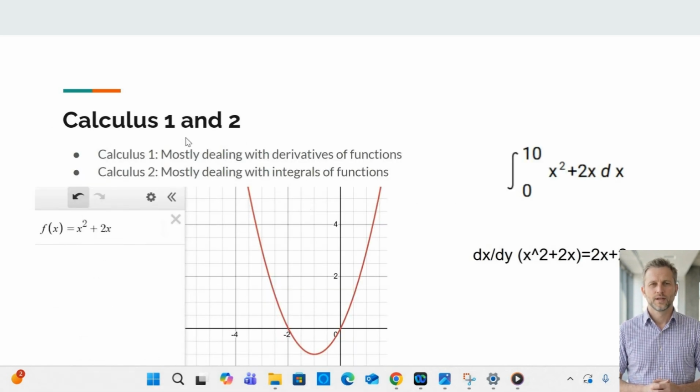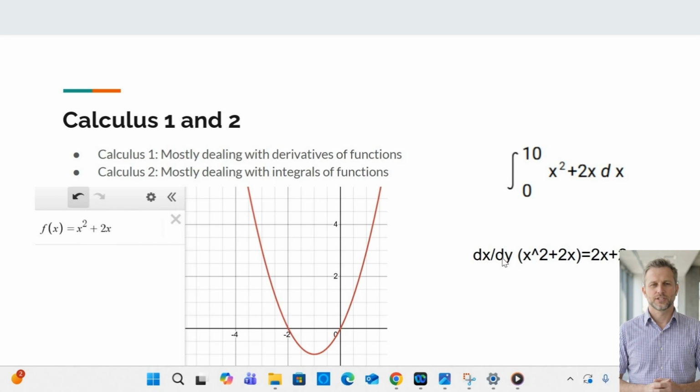So calculus 1 is when you go over derivatives, which is these equations right here. So if you've got this function x squared plus 2x, and then you take the derivative of it, which in this case would be 2x plus 2, where you just change the exponent of both of these expressions. The derivative is pretty much the rate of change.